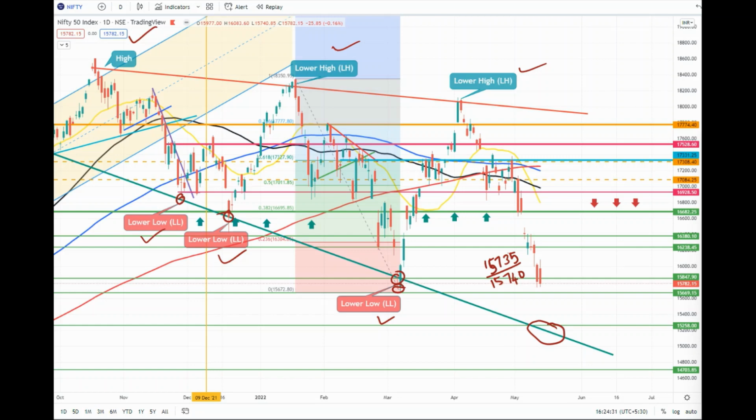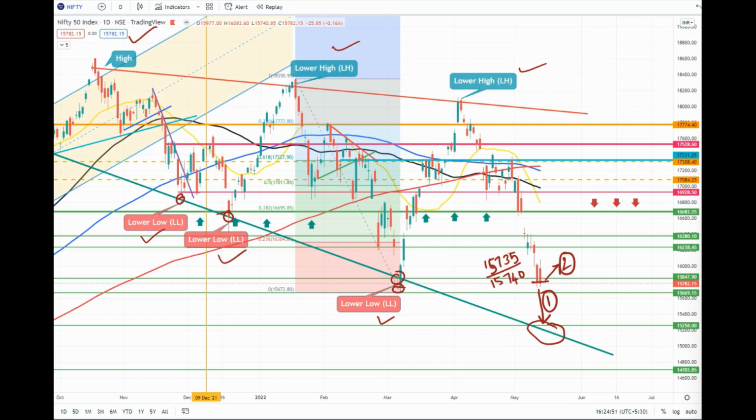So you can say that a double bottom is formed here. From there you may expect a reversal. This is a first scenario and this is a second scenario.